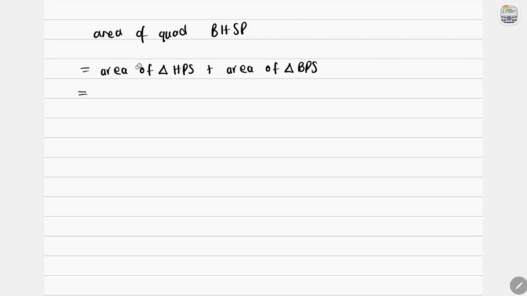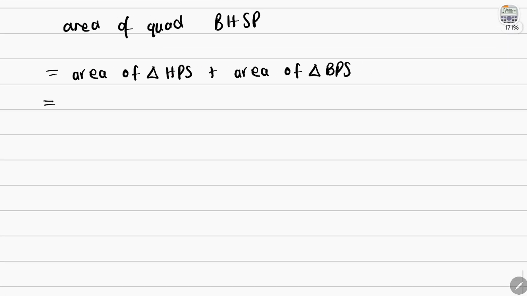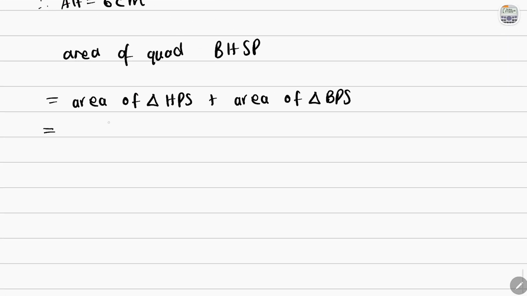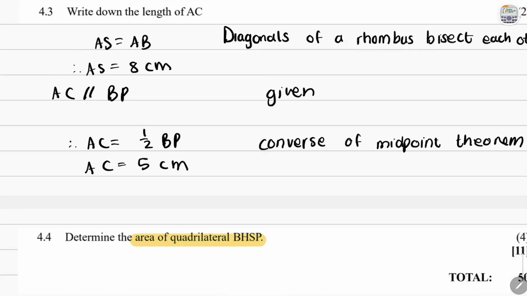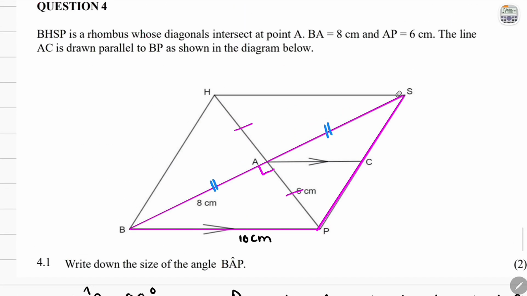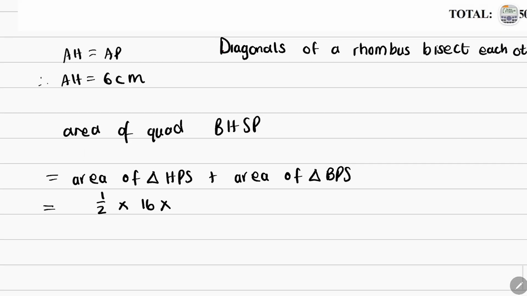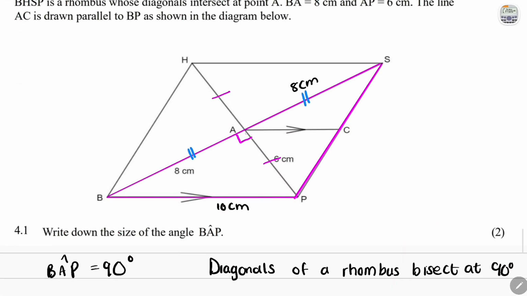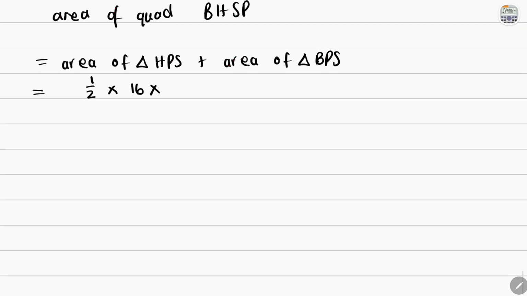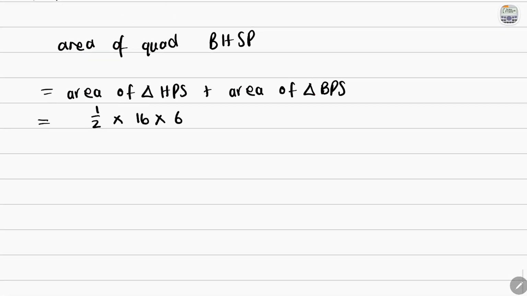So the area of that first triangle, and you can see that those triangles are exactly the same. They have the same base, the same height. So just say a half multiplied by your base, which we can see the base is 16 units because that's also 8 centimeters. So 16 centimeters and then multiplied by the perpendicular height. They both have a perpendicular height of 6 centimeters. So all of this, because you're just going to add the same thing, you can just say it's double of this. So it's going to be times 2.